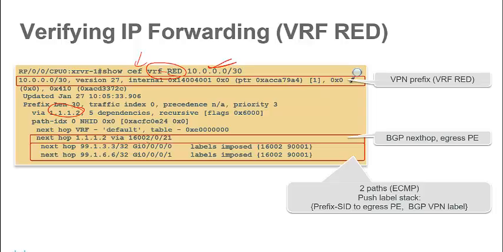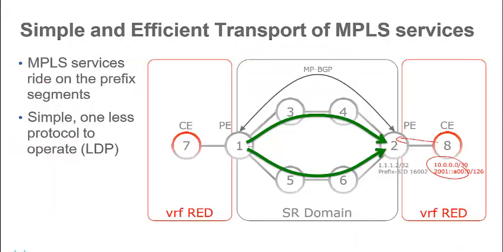For going to router 2, this is the label. And using that label, you can go to router 2, and the next stop is 3 and 6.